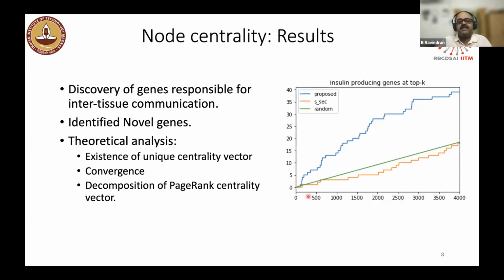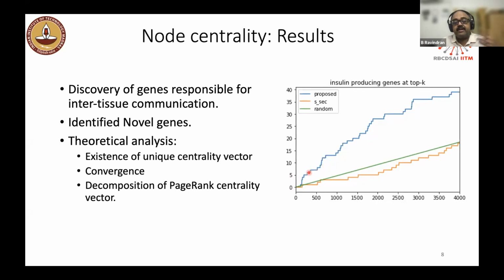This means, in the top 100, how many did you identify? We compared against YesSeq, the best known centrality measure for multi-layer networks out there. They proposed it for a completely different motivation, not for what we are doing here, but it's the only algorithm that was out there, so we compared against that, and you can see that our method does produce a much better ranking of the genes.